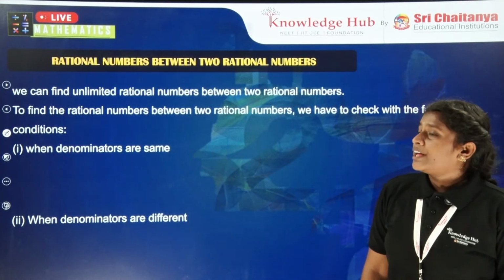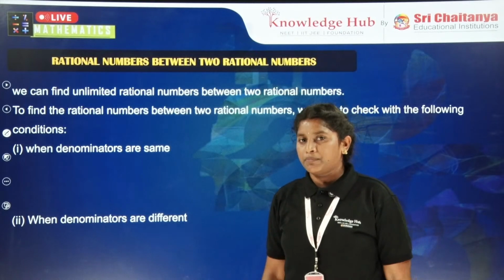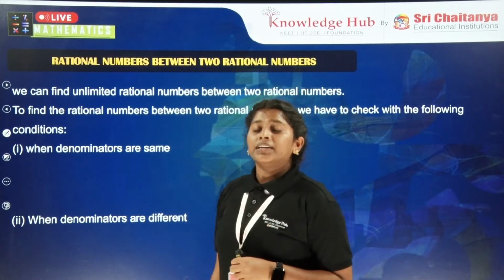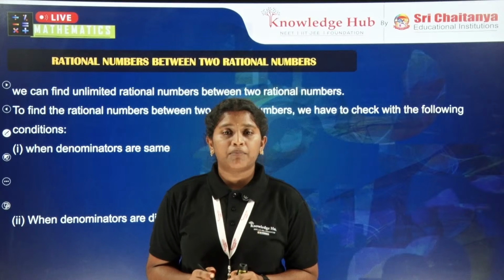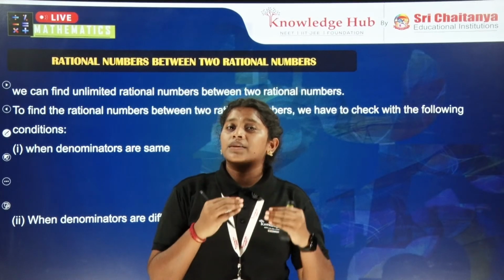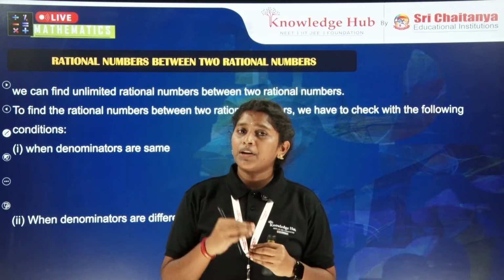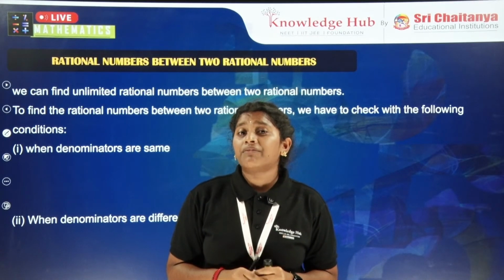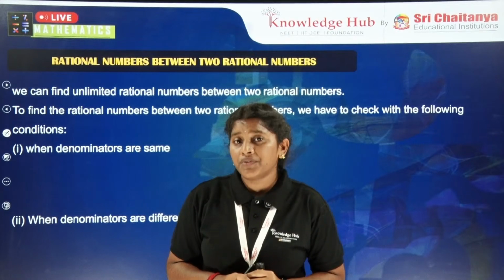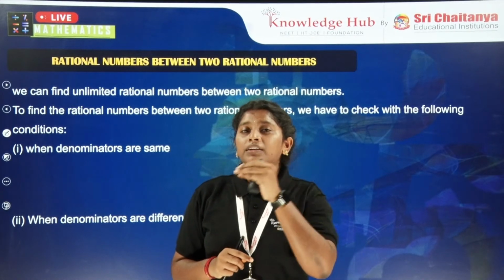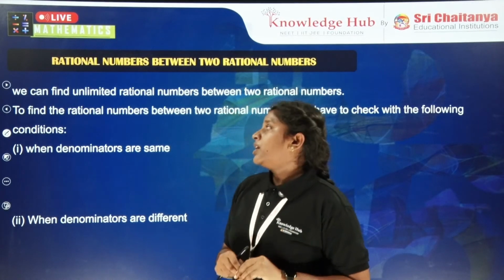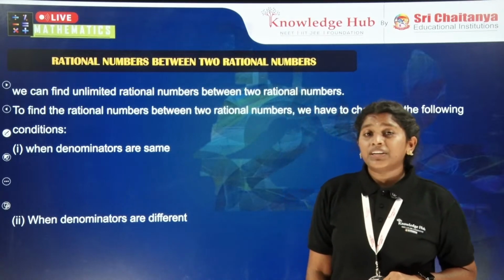Moving to the next one, rational numbers between two rational numbers. In order to find the rational numbers between two rational numbers, we are also going to consider the denominators. If the denominators are the same, we can proceed, and if they are not the same, first of all we convert the denominators to the same number. Then we can find unlimited rational numbers.